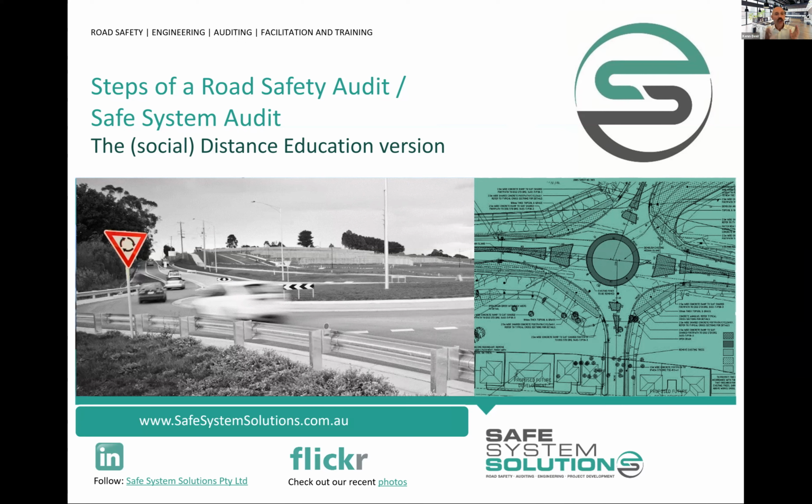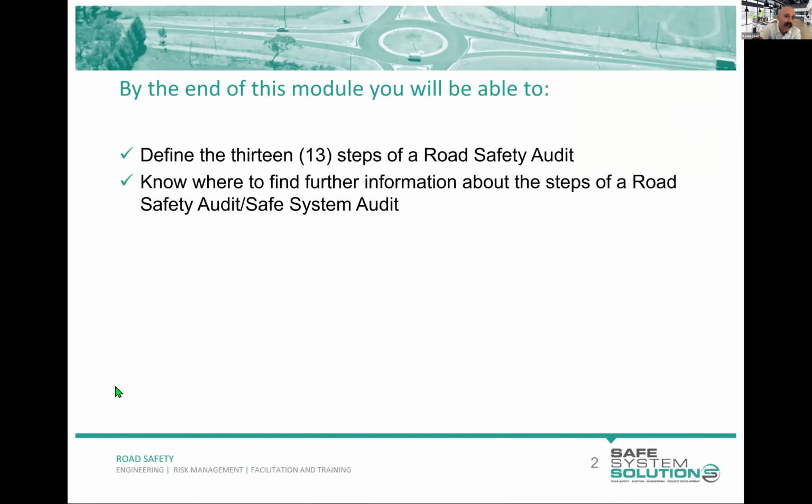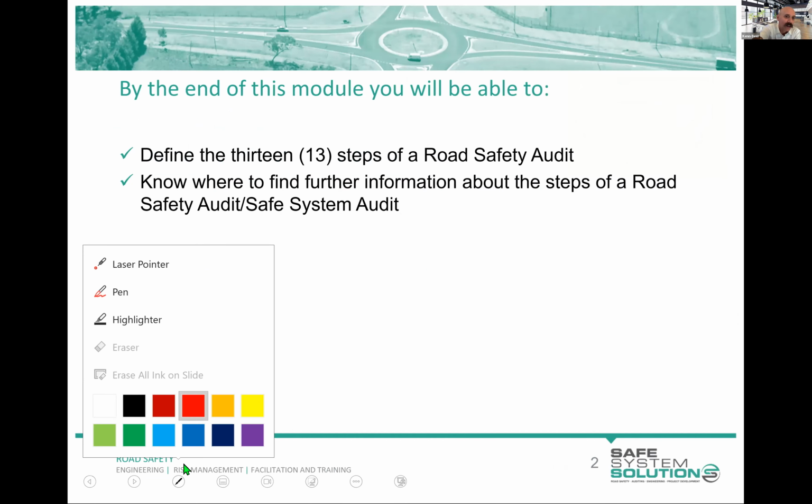But within each of those audits, you follow the same process, okay? It's just you are given different material to look at, different amounts of information, different types of designs, or the like, but the process remains the same. And so this little module is about the steps of a road safety audit.